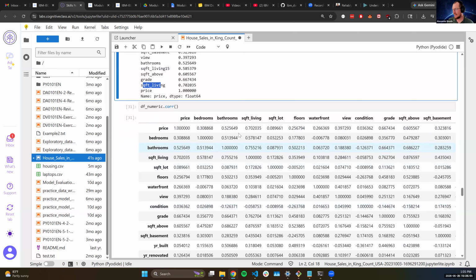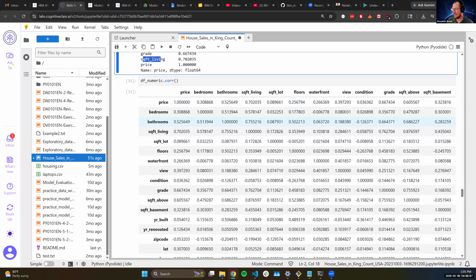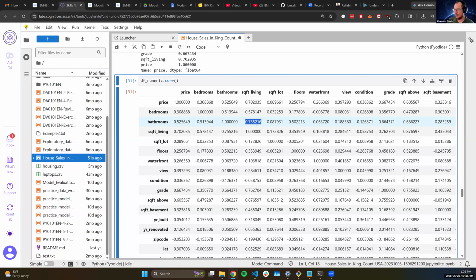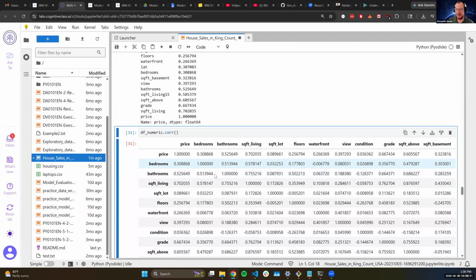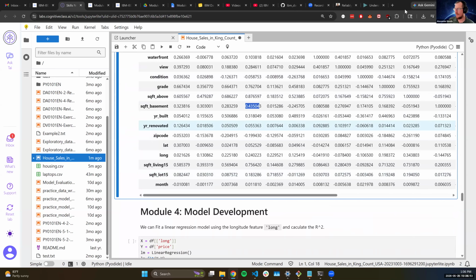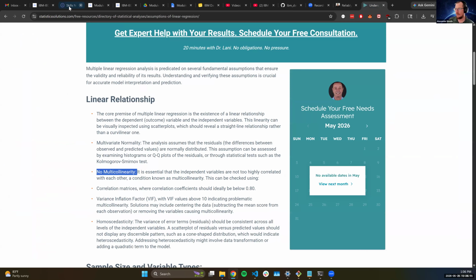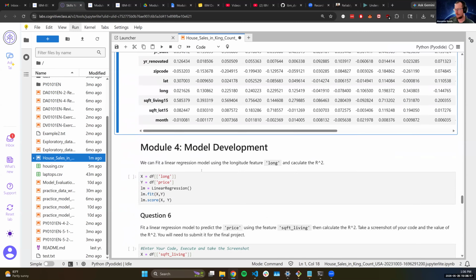And we can actually see that the square footage of the living space has strong correlations to the number of bathrooms, the number of bedrooms, the square foot above ground, and the square footage of the basement. So we do have multicollinearity here, which means we technically do violate that original assumption of linear modeling.